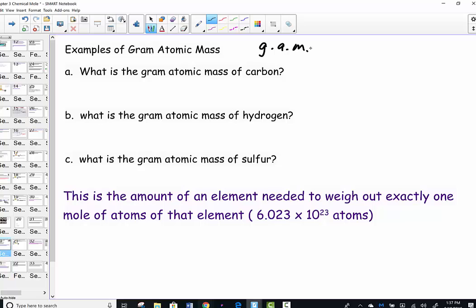How much would you weigh out to get a whole mole of each of those elements? I wrote mine, and I wouldn't mind if somebody just nodded, said yeah, I got that, before I quickly erase it.